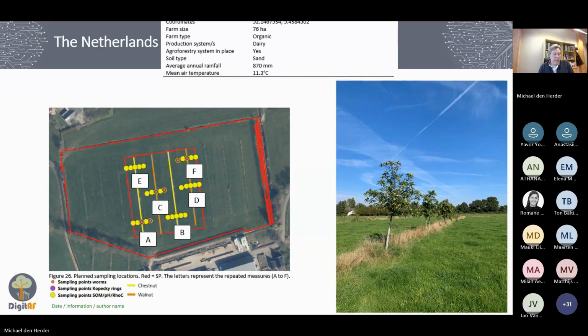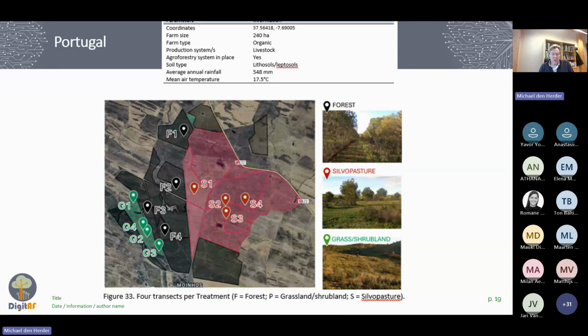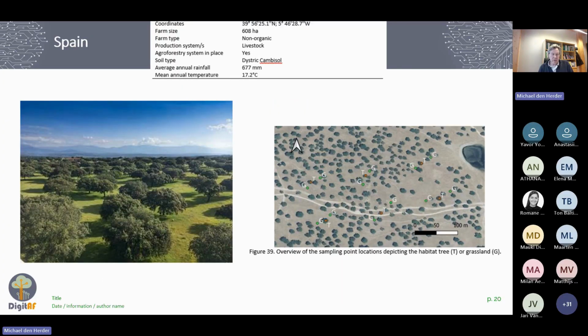And in Portugal, they had a Dehesa area, and there they compared forest with the Dehesa area, the silvopasture area, and then open grassland or shrubland. And in Spain, the previous one was a Montado area, and in Spain there is a Dehesa area. But yeah, it's a cork oak system.